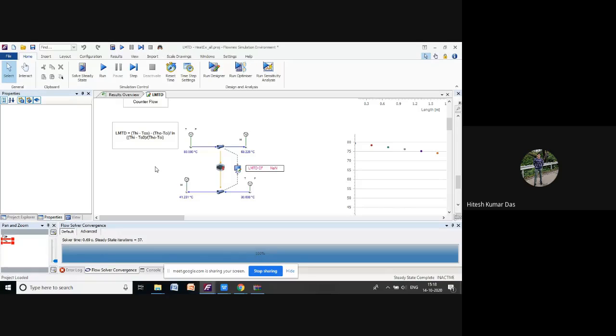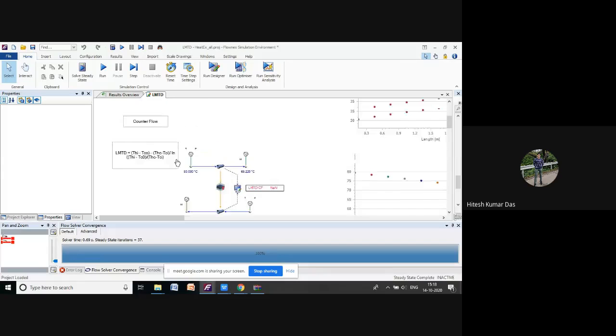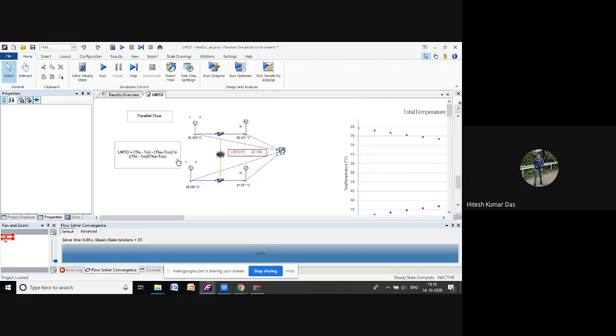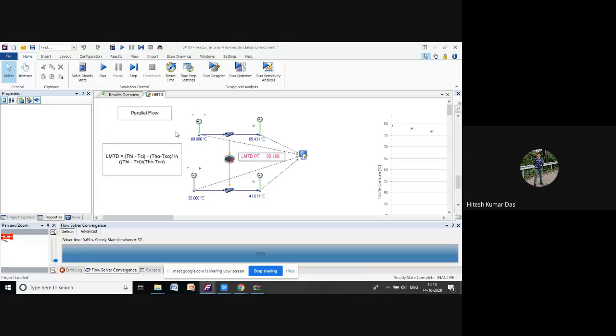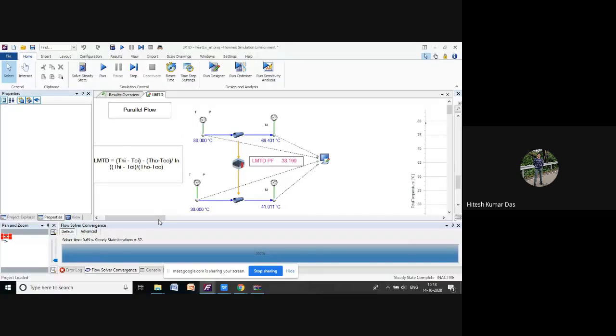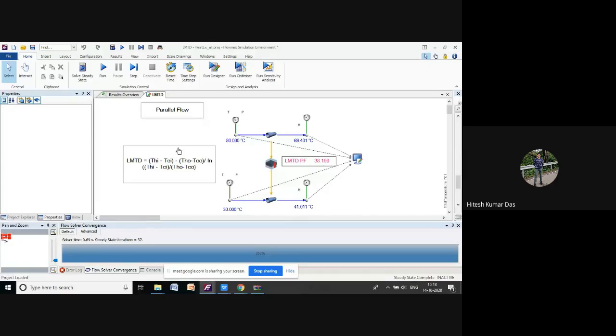As you all know what is log mean temperature difference, we are calculating it for two types of heat transfer. First we will calculate for parallel flow heat transfer. Next we will go for the counter flow heat exchanger.